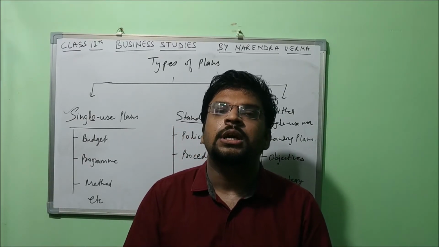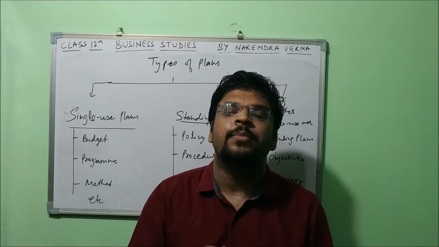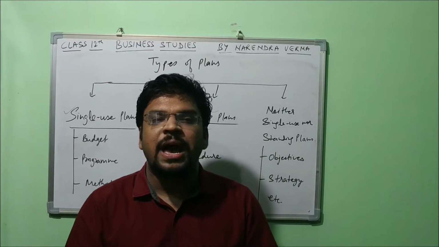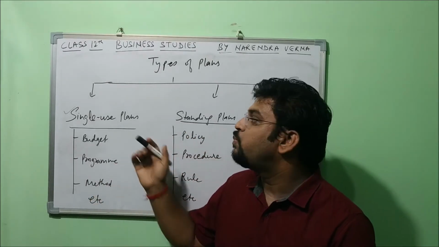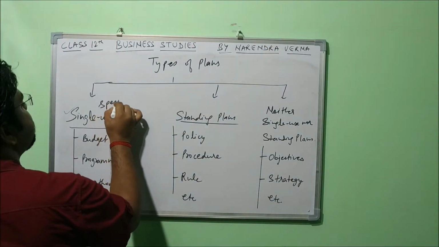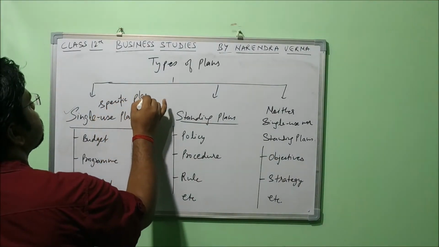Non-recurring nature means the problems which do not happen again and again, right? That is why these are also known as specific plans. The other name of these is specific plans, right?